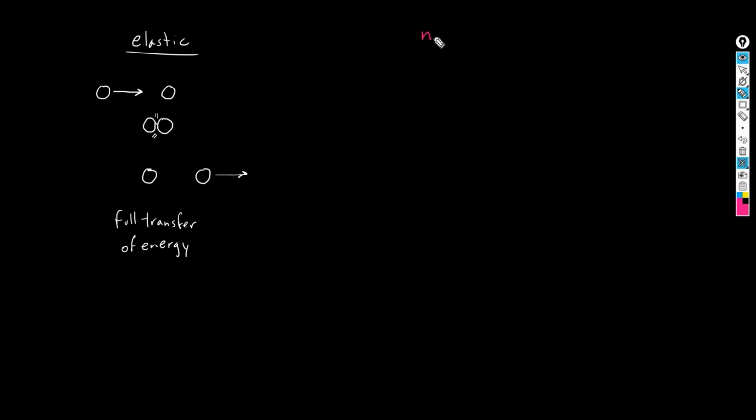However, in a non-elastic collision, which is what is more realistic, what actually happens, a particle crashes into another particle, so again, I might use the arrow to show the speed, or the force or the energy that it's moving with. Once those two particles collide with each other, the other particle is going to move, but it's going to move at a smaller speed or a smaller distance. Not all of the energy from the first particle is transferred into the second, because some of it is lost in the form of heat.